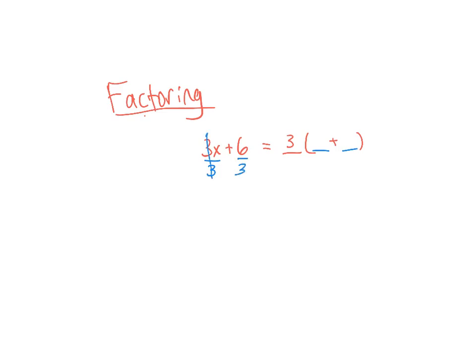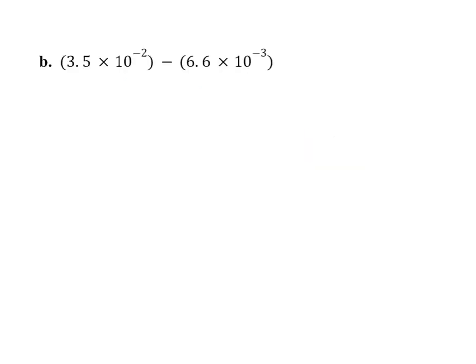So this first term becomes just 1x, and 6 divided by 3 gives us 2. So when we're factoring, each term that's being added up gets divided by the number we're factoring out.